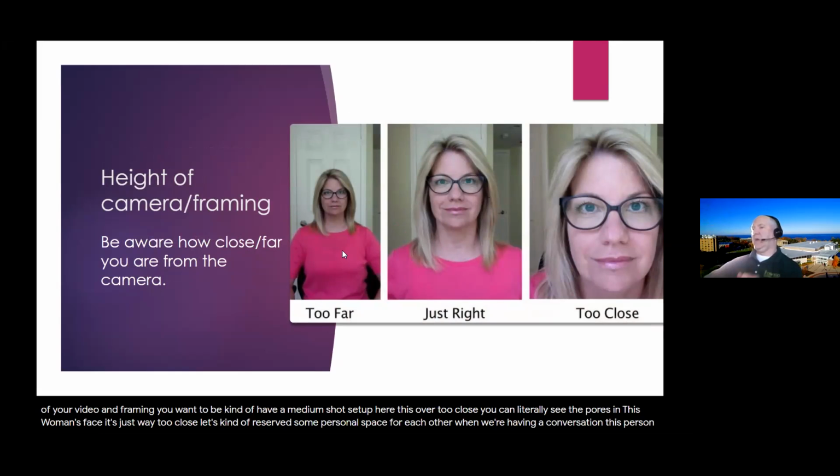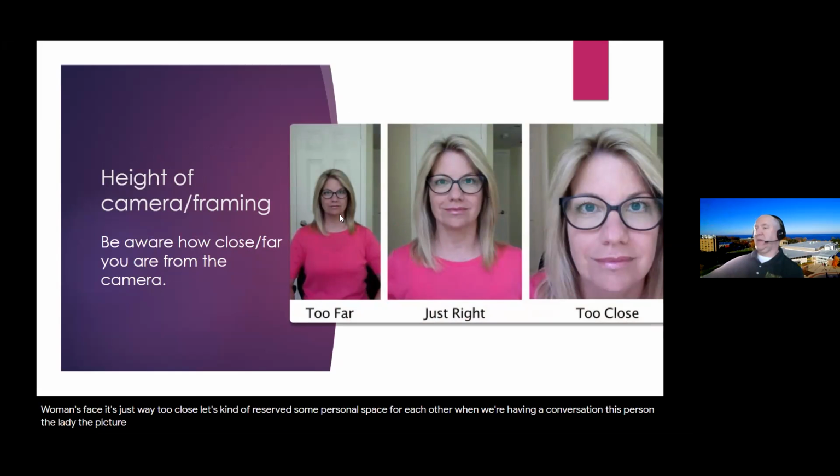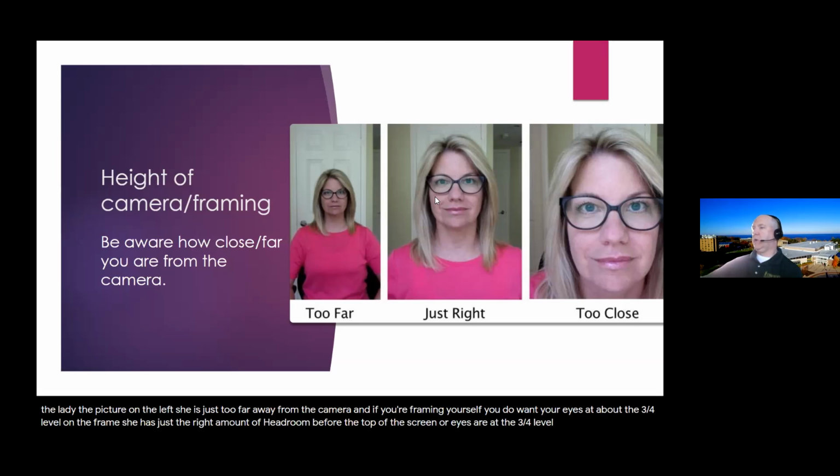This person, the lady in the picture on the left, is just too far away from the camera. And if you're framing yourself, you do want your eyes at about the 3/4 level on the frame. She has just the right amount of headroom before the top of the screen. Her eyes are at the 3/4 level. I wouldn't go any lower than the 2/3 level.